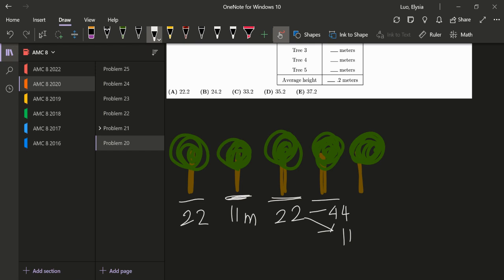And for the last option, it could either be 22 or 88. Sorry guys, I don't know why it's not writing. Okay, it's 22.